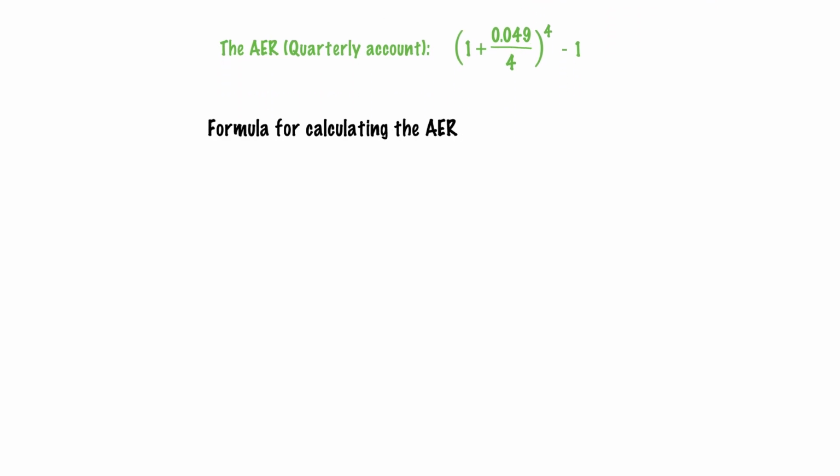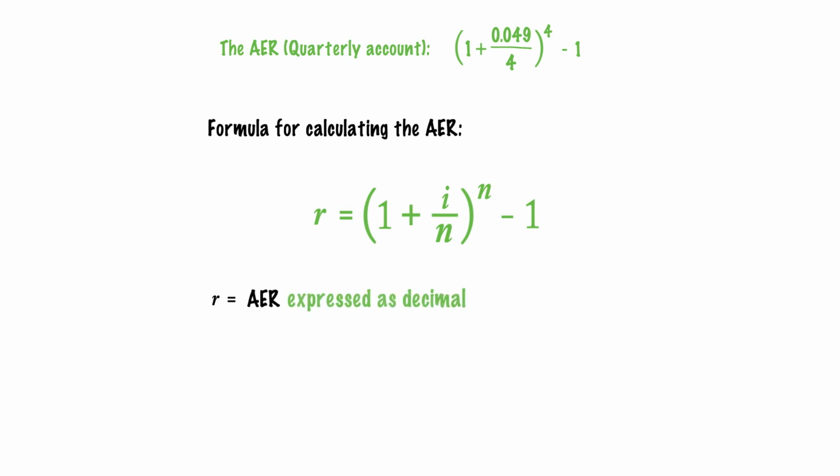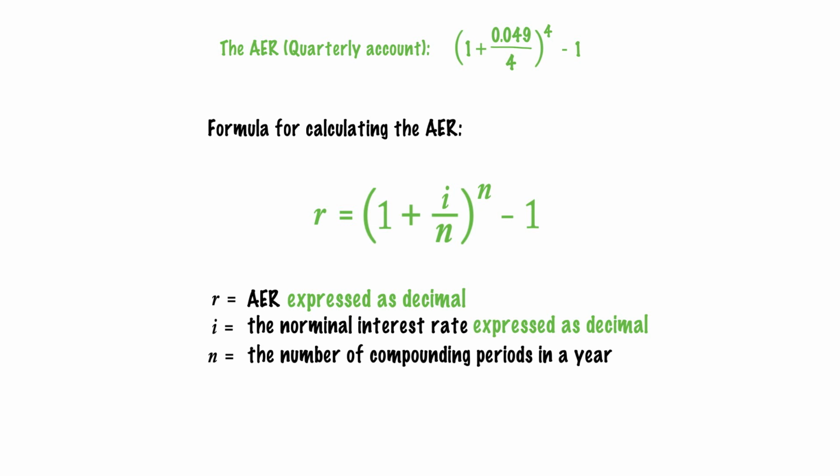So the formula for calculating the AER is R is equal to, open brackets, 1 add I over n close brackets, all to the power of n, subtract 1, where R is the AER, expressed as a decimal, I is the nominal interest rate, expressed as a decimal, and n is the number of compounding periods in a year. The value R will be given as a decimal.